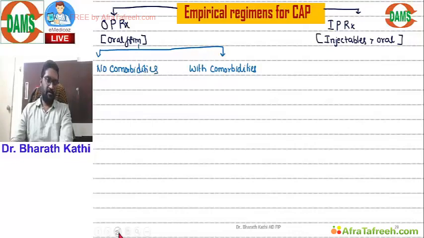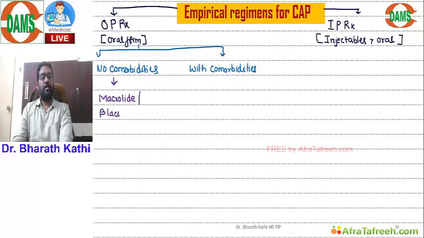So if patient is not having any comorbidities, the treatment is very simple. Single antibiotic. Depending upon the availability, either macrolide or beta-lactam or tetracycline. So any one of the following can be given.